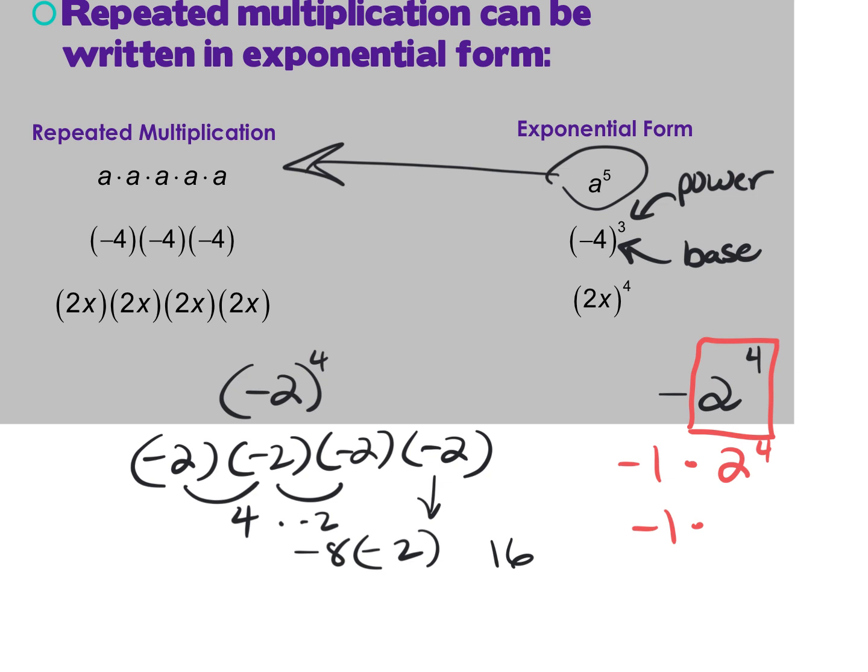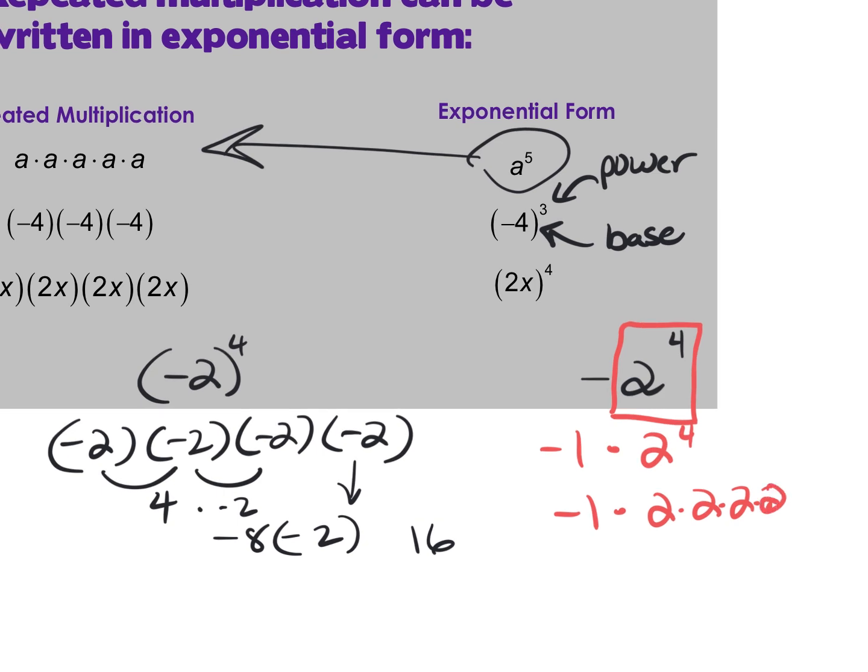Or again, you could do 2 to the 4th, which is 2, 2, 2, 2, which gives you 16, and then 16 times negative 1, and the answer is negative 16. So be very careful when the base is negative and whether it's in parentheses or not, okay?